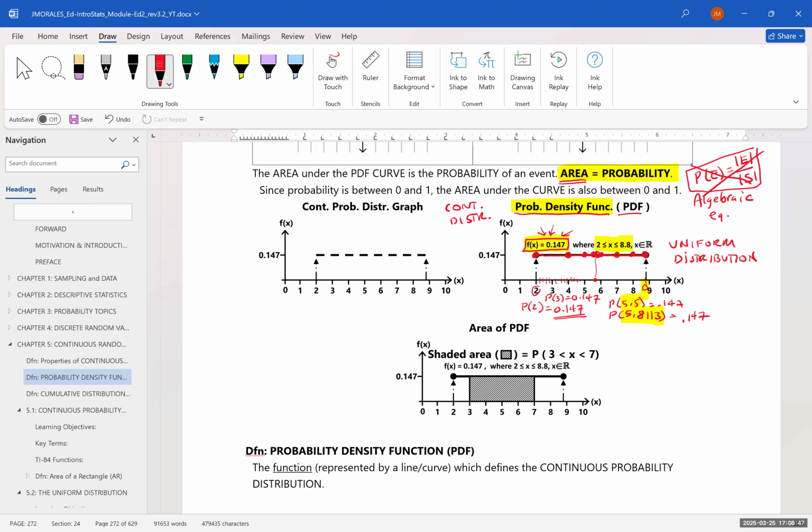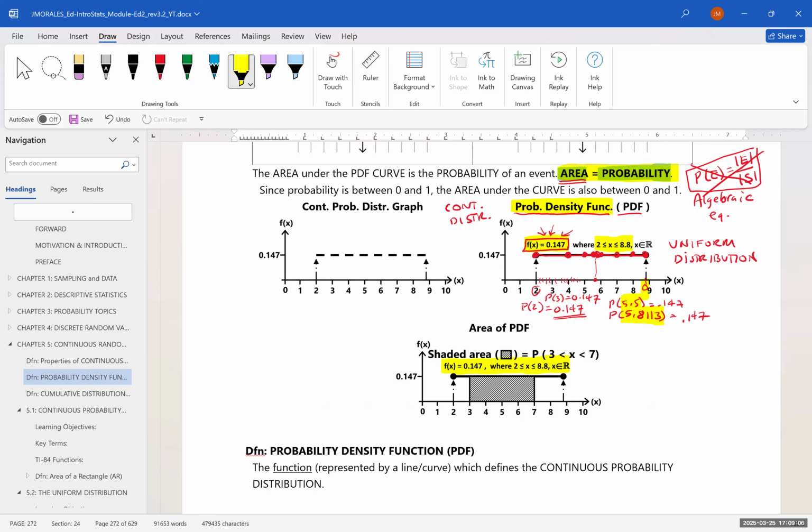Now, what I mentioned earlier about area being equal to probability. What that means is if we take this same function and we look at this graph that I've got down here.